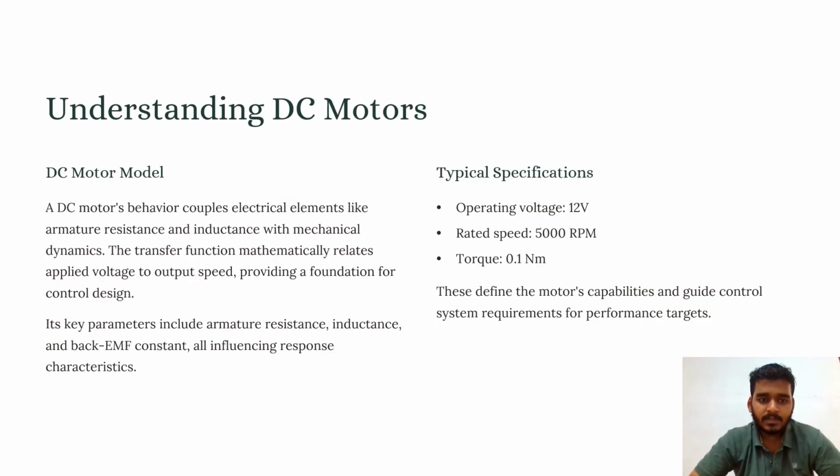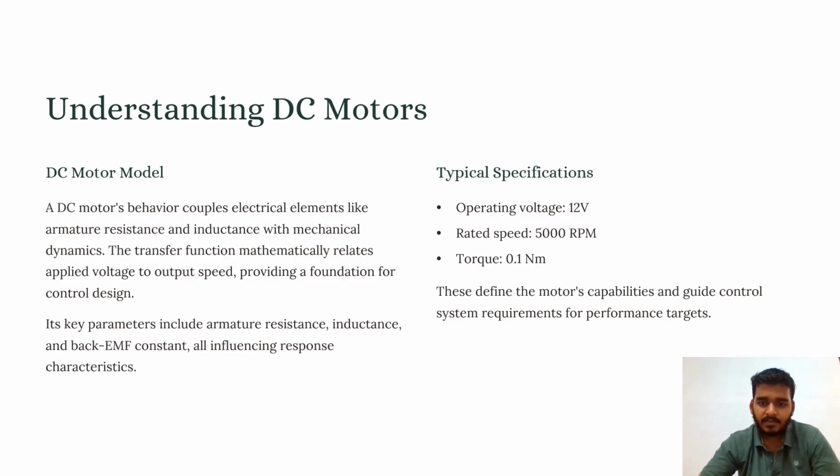Understanding DC motors. DC motor model. A DC motor's behavior couples electrical elements like armature resistance and inductance with mechanical dynamics. The transfer function mathematically relates applied voltage to output speed, providing a foundation for control design. Typical specifications: operating voltage 12 volts, rated speed 5000 rpm, torque 0.1 newton meter.